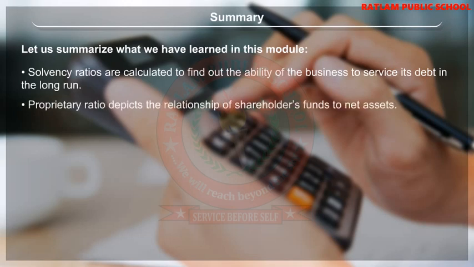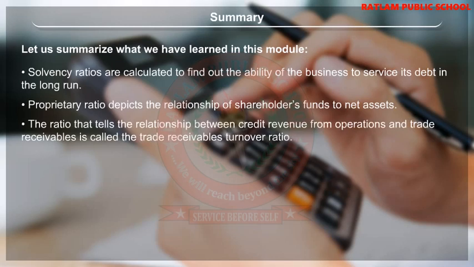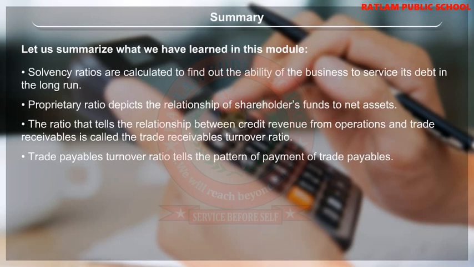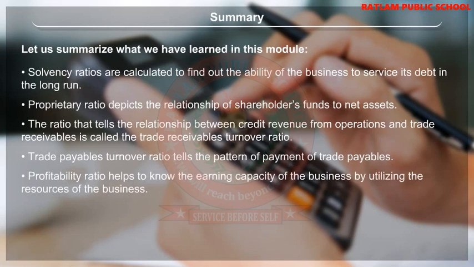Proprietary ratio depicts the relationship of shareholders' funds to net assets. The ratio that tells the relationship between credit revenue from operations and trade receivables is called the trade receivables turnover ratio. Trade payables turnover ratio tells the pattern of payment of trade payables. Profitability ratio helps to know the earning capacity of the business by utilizing the resources of the business.